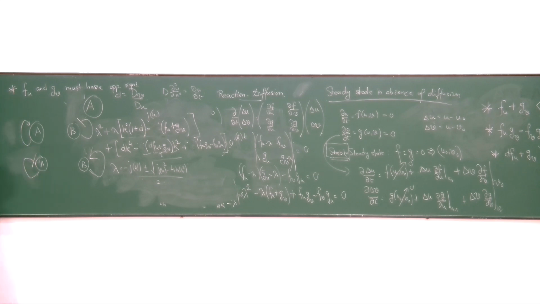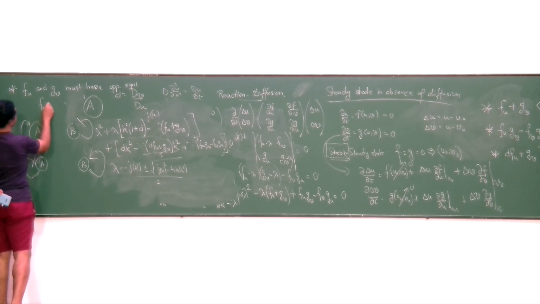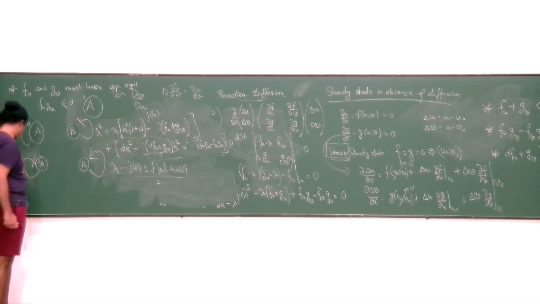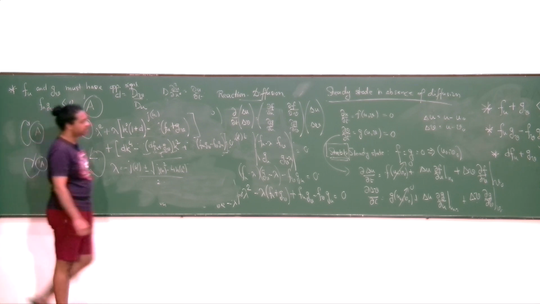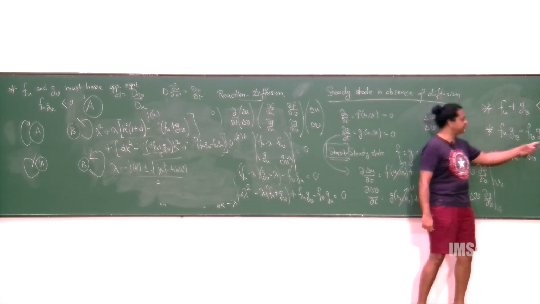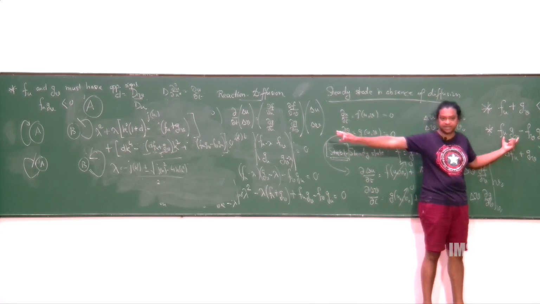If fu and gv have opposite signs, then the product fu gv is less than 0, because one is positive and the other is negative. If this is less than 0, what does my second condition tell me? It says that this determinant has to be greater than 0. But the first term I have already said is negative.